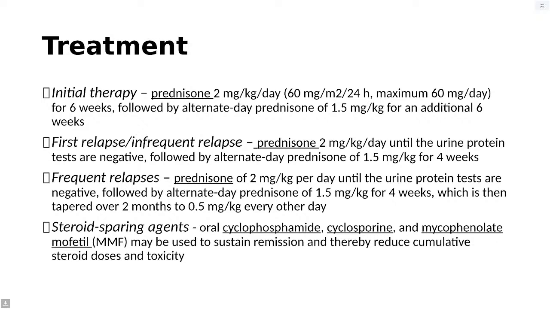And when the nephrotic syndrome is steroid-sparing or resistant to this treatment, we use oral cyclophosphamide, cyclosporin, and mycophenolate mofetil, and they may be used to sustain remission and thereby reduce cumulative steroid doses and toxicity.